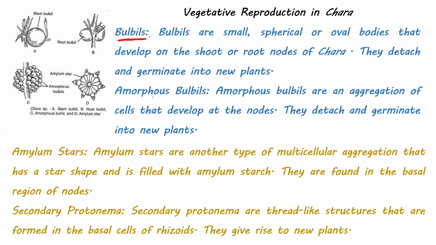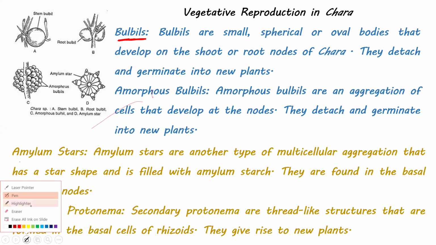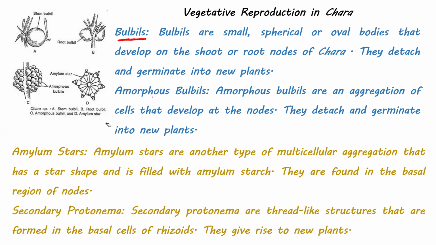The question can come like this: write a brief note on the vegetative reproduction seen in Chara. Or it can ask you 2-mark questions like, what do you understand by the term amylum star or secondary protonema, all these things. So you'll have to learn these very nicely.